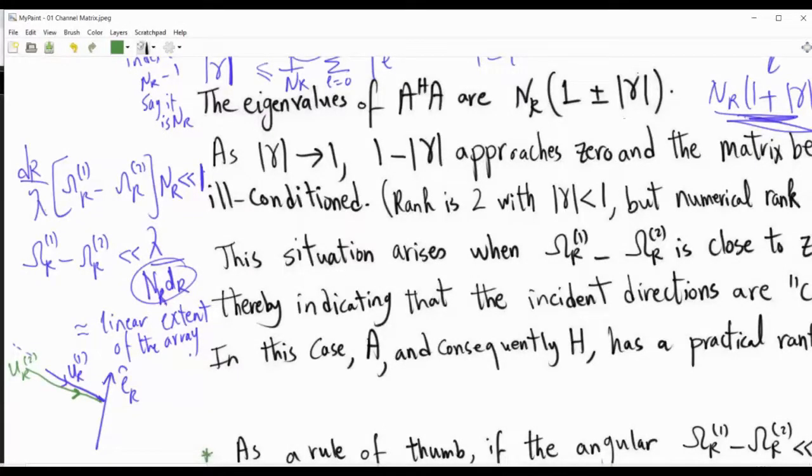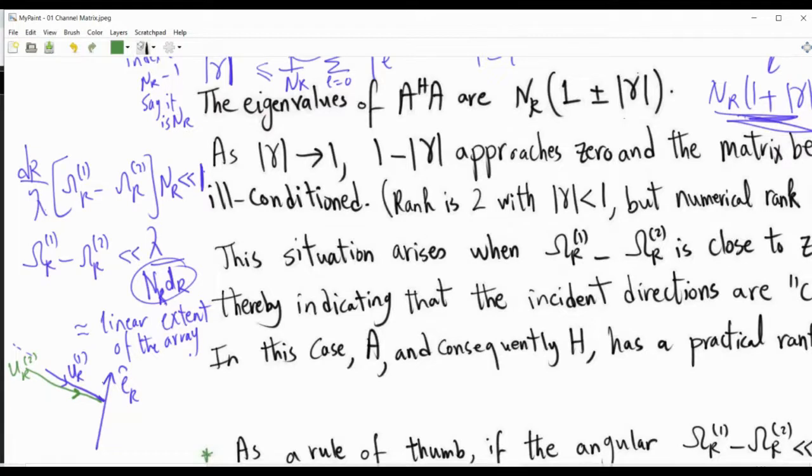let's put it in simple English. If two scatterers result in incident waves on the receiver array that are very close to one another in space, so they come almost from the same direction, then it's as if we have just one scatterer, and the rank of matrix A will drop to 1.